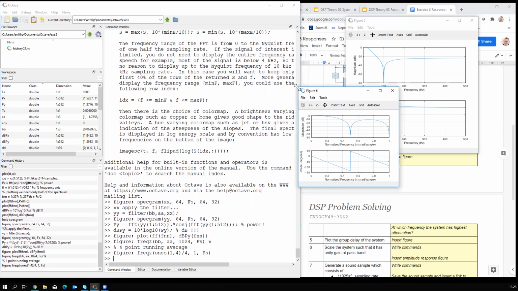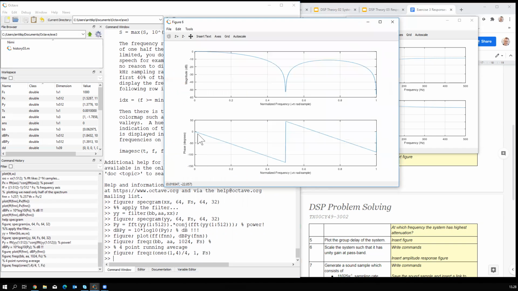Okay. And the linear phase response means linear. So that's linear. It's a straight line in phase response. And another straight line here. This jump doesn't mean anything, it's just a 180 degrees phase shift.